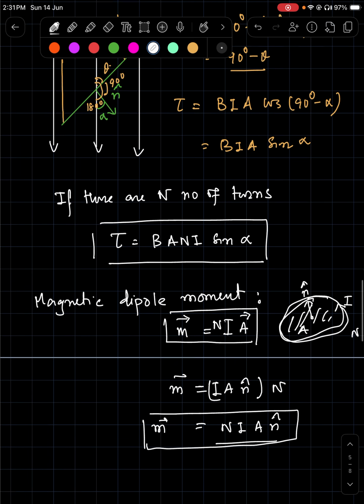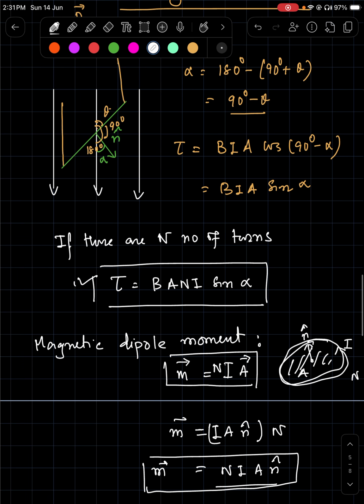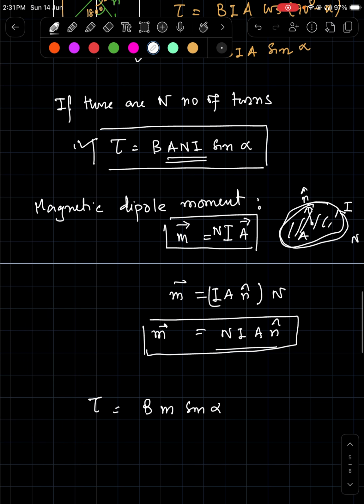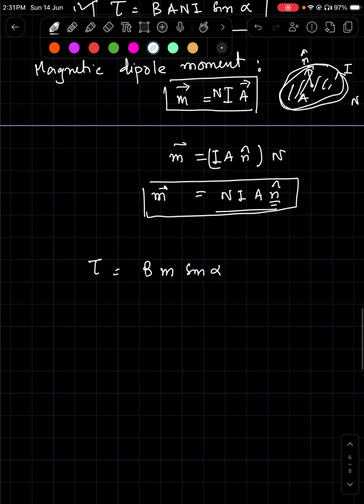Because in the general formula of the torque, you can already see this particular NIA is present. That means I can write the torque equal to B m sin alpha. And m is pointing towards the n cap, right? That means the picture becomes like this.